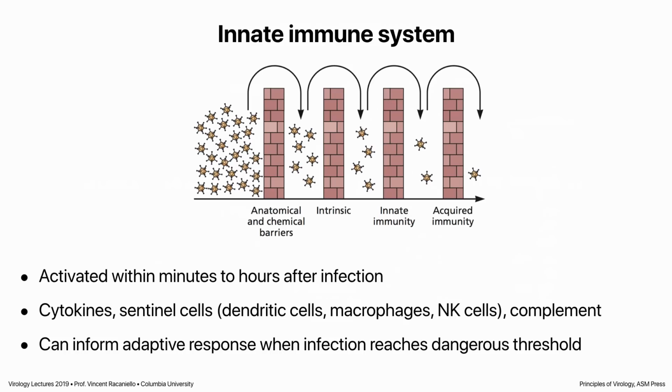And this innate defense can stop infection, but as you will see later today and next time, it can also collaborate with the adaptive defense and say, I can't handle this infection, you need to take over. And we'll talk about how that happens.